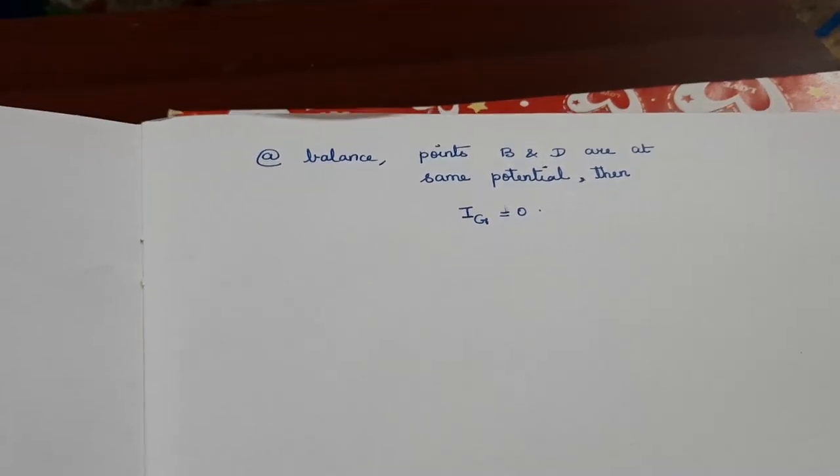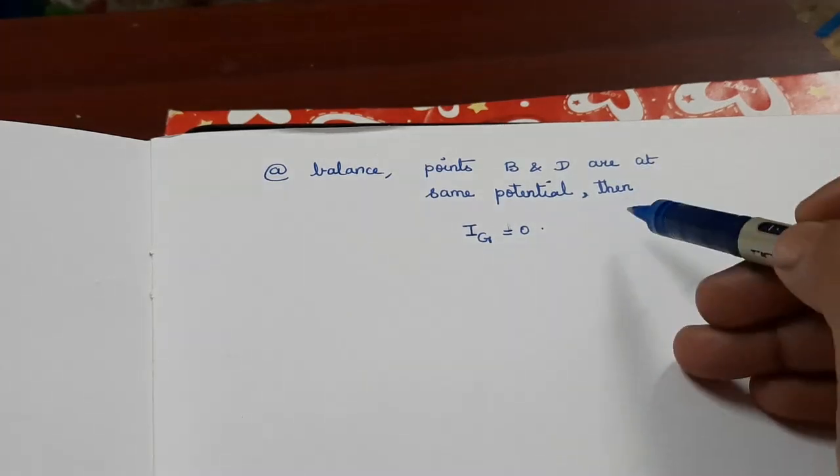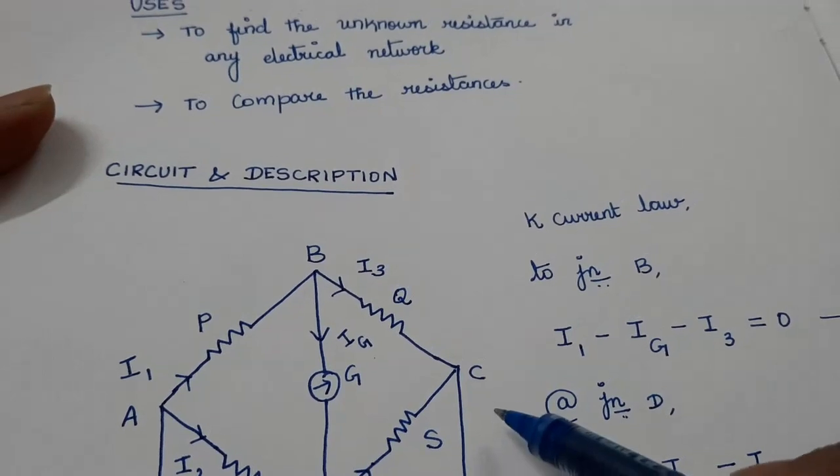As I was mentioning, at balance the points B and D will be at the same potential, then no current flows through the galvanometer G, so IG will be equal to 0.